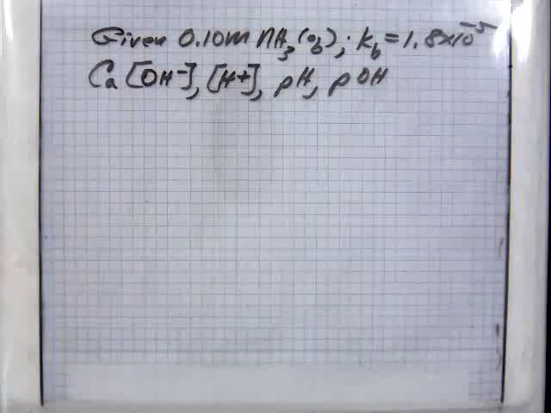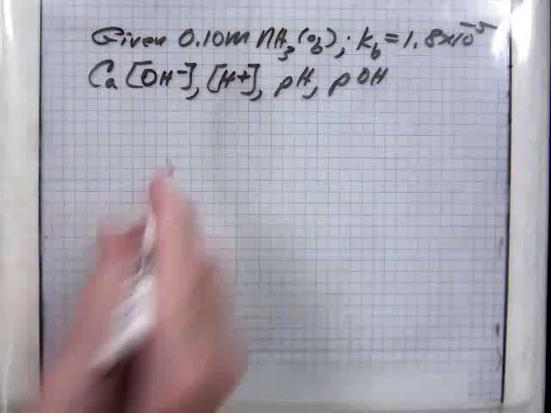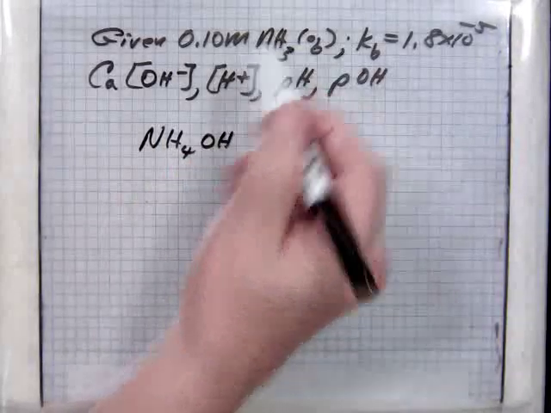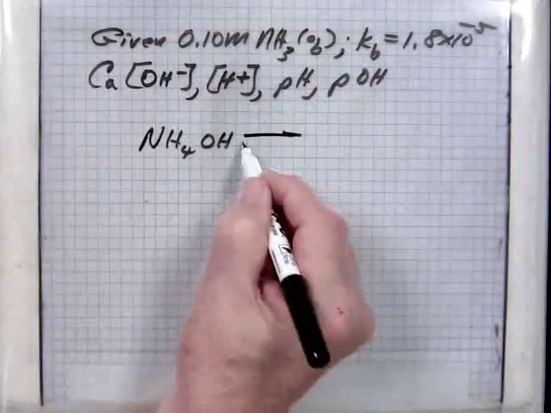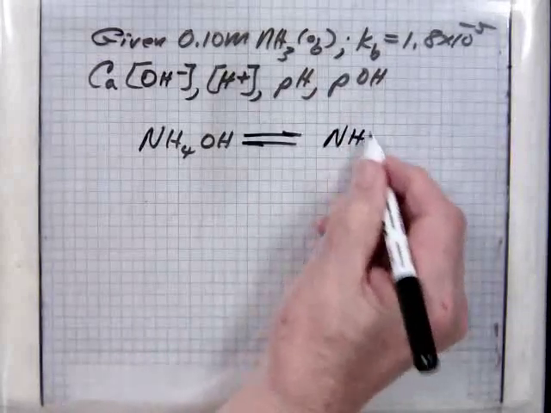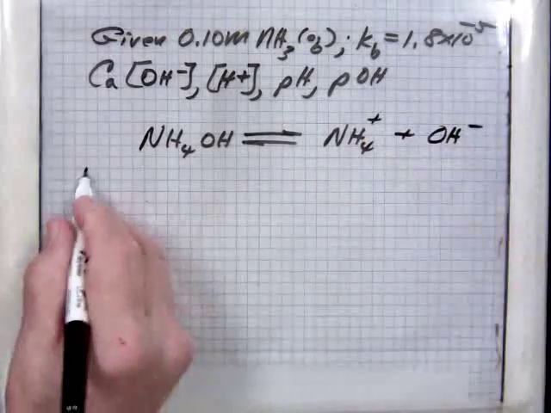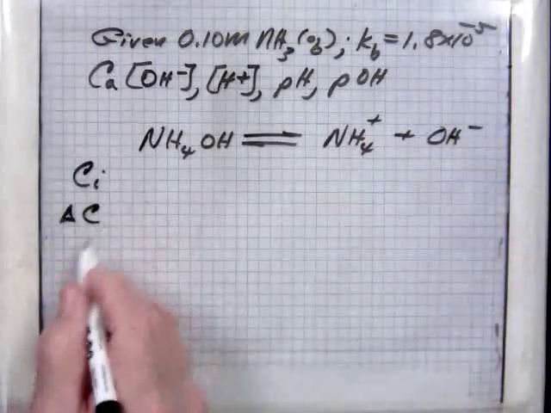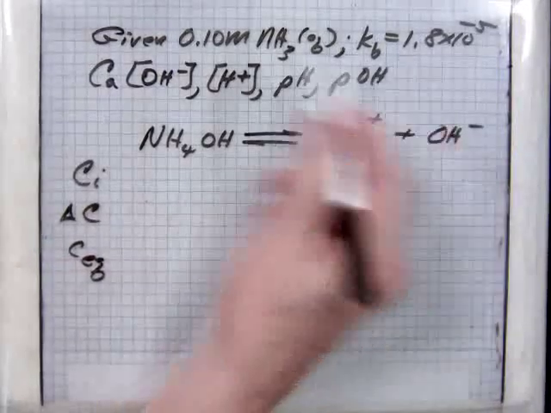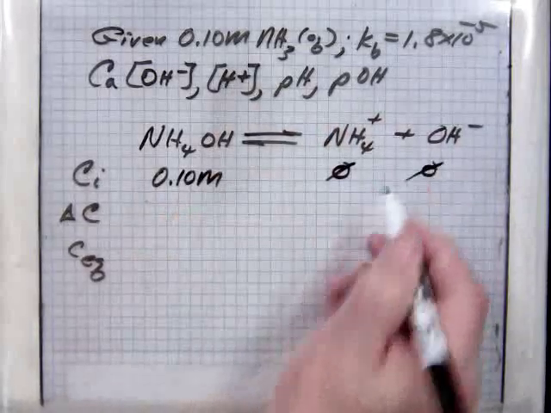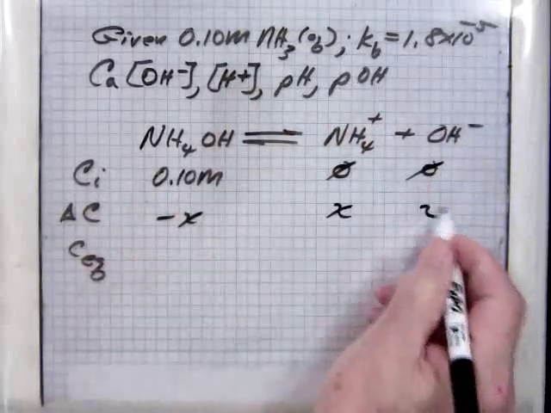Okay, as I indicated earlier, this is evaluated from the ionization of the ammonium hydroxide. So what I'll do is start with that ammonium hydroxide, but keep in mind the ammonia and water goes to this first and then ionizes to the ammonium ion and the hydroxide ion, like that. Then you set up your ice table and you put in your data, minus x, x, x.